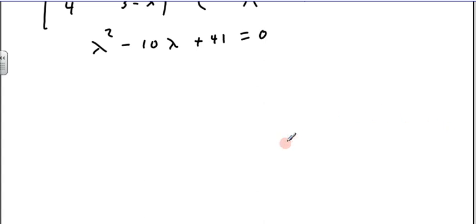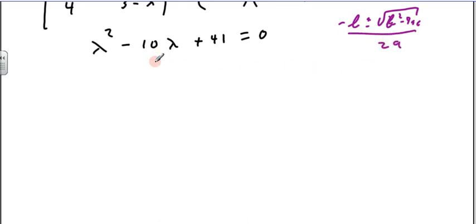I don't know that I've done that before. A quadratic formula is normally minus b plus or minus square root of b squared minus 4ac over 2a, right?